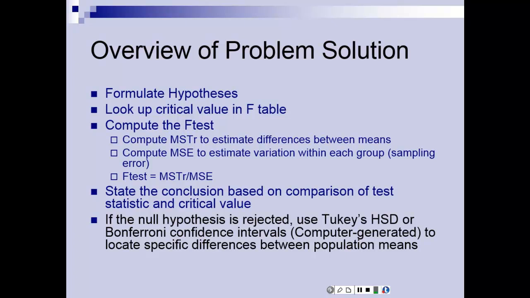Then you'll state your conclusion. Then if you reject H0, we'll just use Tukey's HSD test and not the Bonferroni intervals, unless we do it with a computer. That's going to be the test that says which specific means differ from one another.